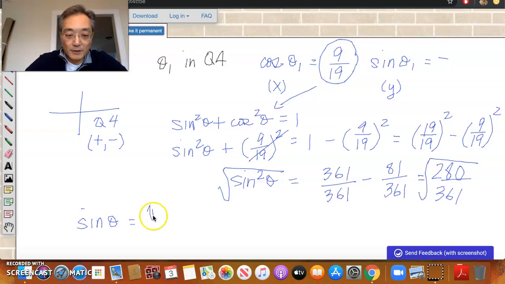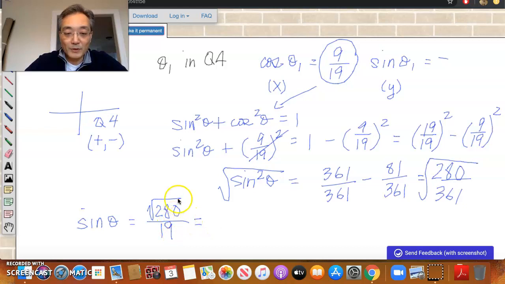All right, so I can just go, okay, the square root of 280, but I know the square root of 361 is 19, correct? Like that. So I can simplify the square root of 280, see how far I can take this, or I could just leave that as an answer, because that is an exact answer, right?